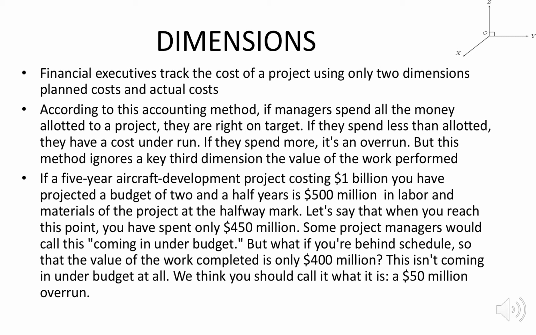So if you evaluate the project completed up to 2.5 years, it's only 400 million dollars, but we have spent 450 million dollars. It means we had a 50 million overrun. So the most important thing is that the value of the work performed is the third dimension, so we need to consider it all the time.